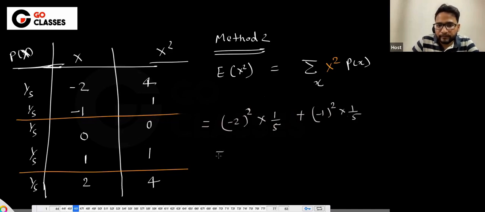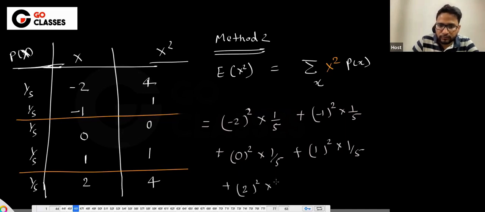X value could be 0. X value could be +1. X value could be +2. Okay, so this is what we are getting. Now you can calculate it easily. It will also be 10 by 5, or 2.